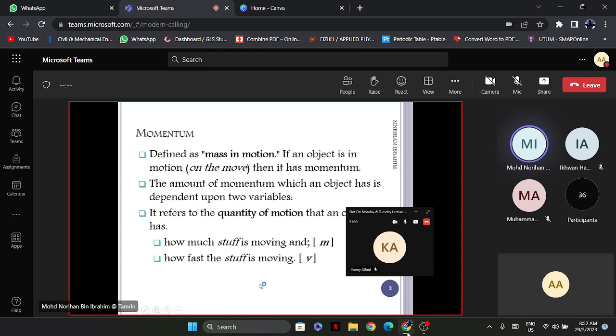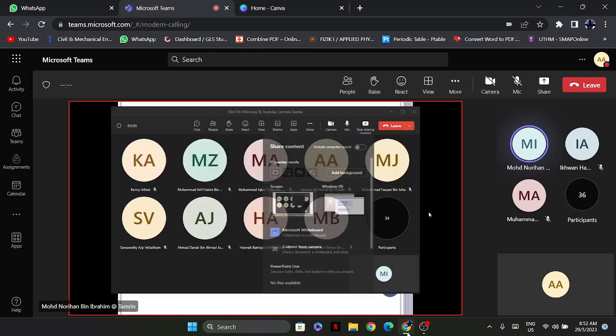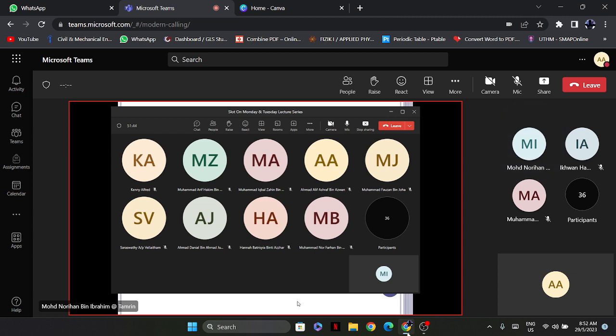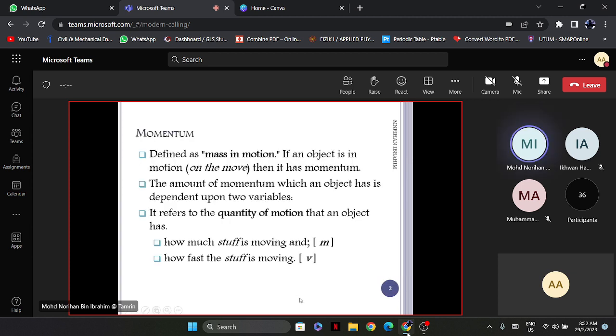It refers to the quantity of motion that an object has. The first one is the mass of an object or physical body, and the second parameter which needs to be considered is the velocity. How fast the stuff is moving.